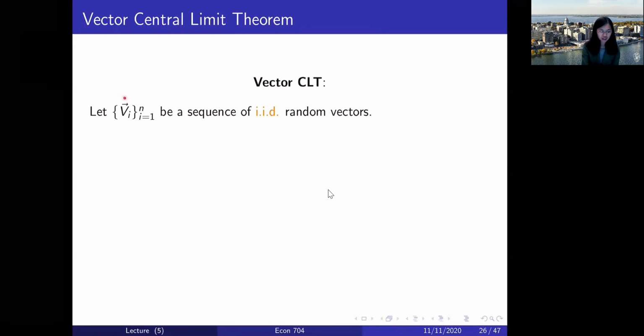Let Vi vector, i from 1 to n, be a sequence of IID random vectors. By now you should be quite familiar with this notation, right?